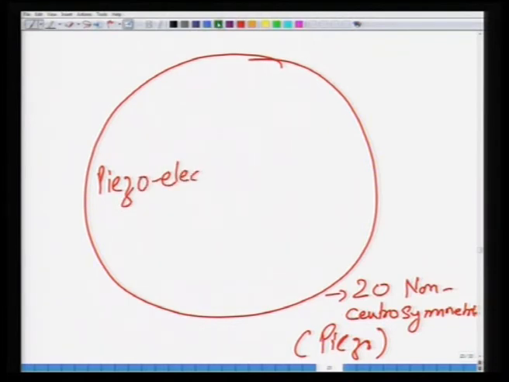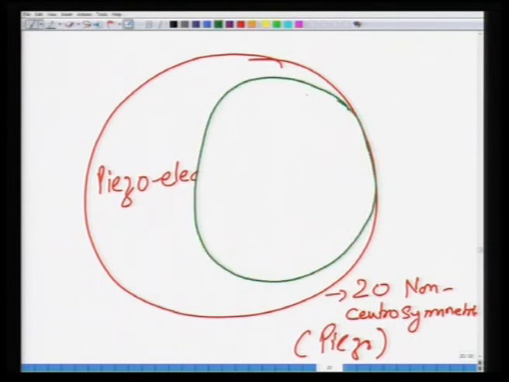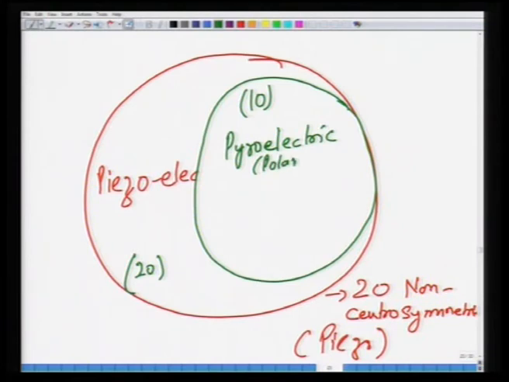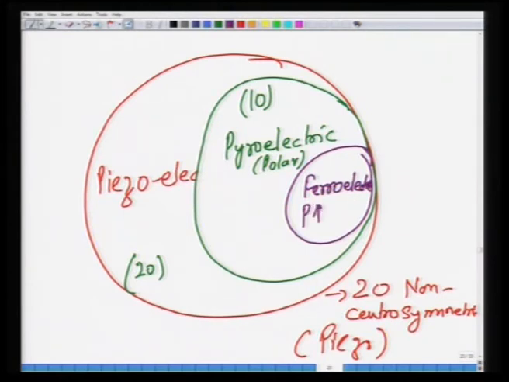Out of these 20, 10 are pyroelectric, which are also polar in nature. Okay. And out of these you will have some, that number is not very well defined because it depends on the type of material, some which are ferroelectric, for which polarization direction can be reversed by reversing the direction of applied electric field.